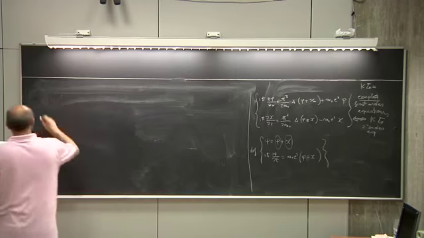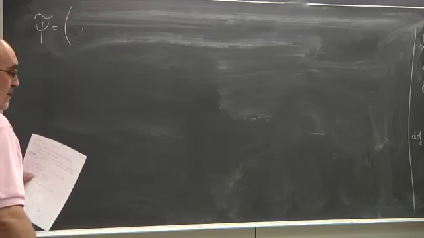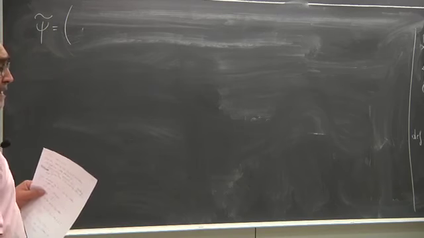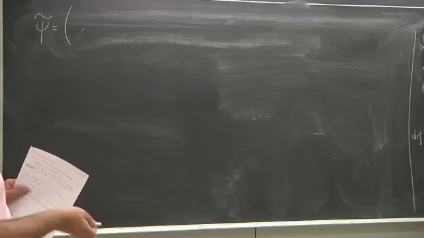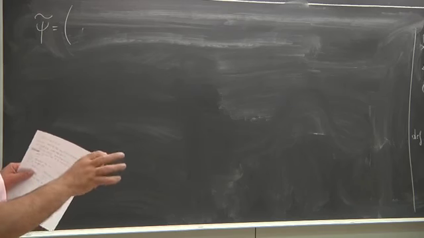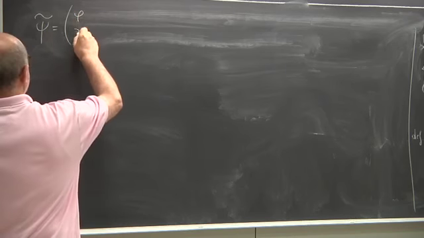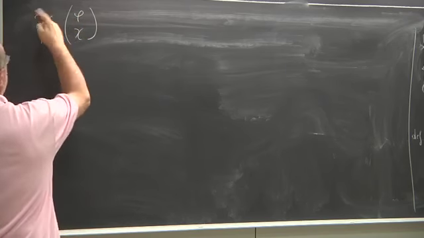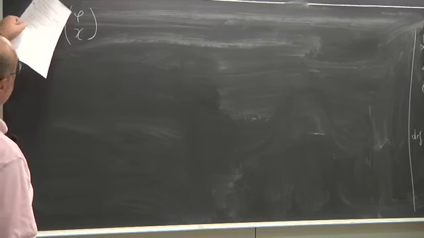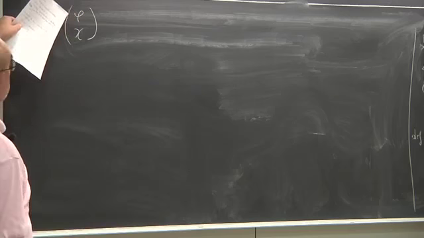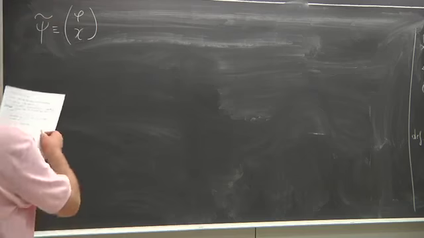If you introduce the following object, like you did with the Pauli equation when you had spin: you remember that for a particle with spin in a magnetic field, the Schroedinger equation becomes the Pauli equation, which has two components. So let's do the same. Let's introduce this new field, psi tilde, a two-component field, basically a vector whose upper component is phi and whose lower component is chi.